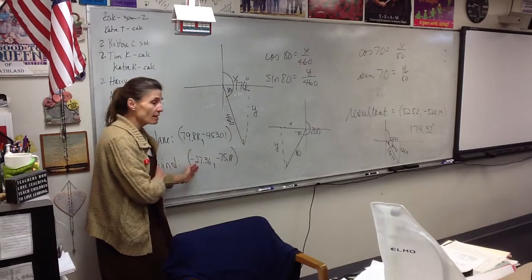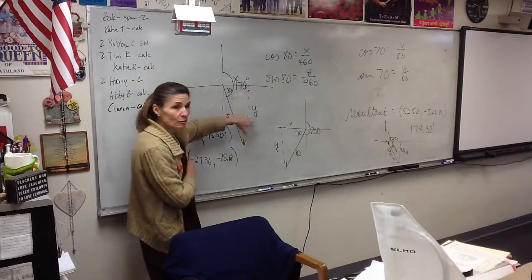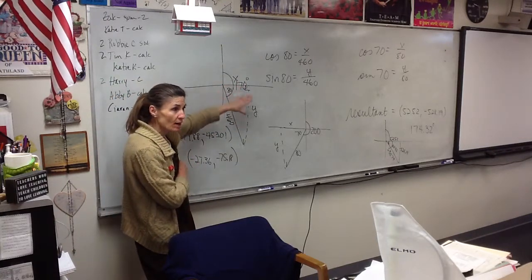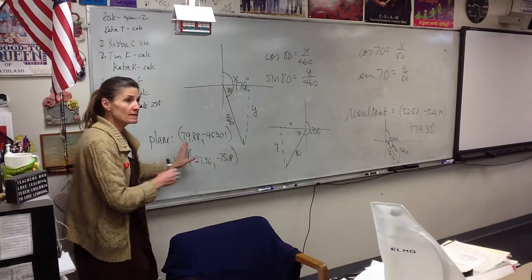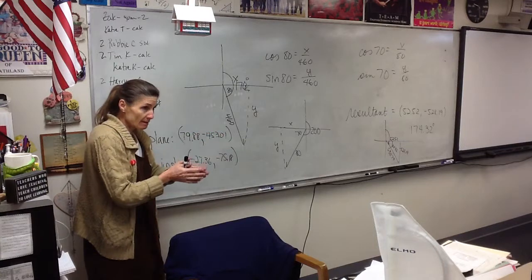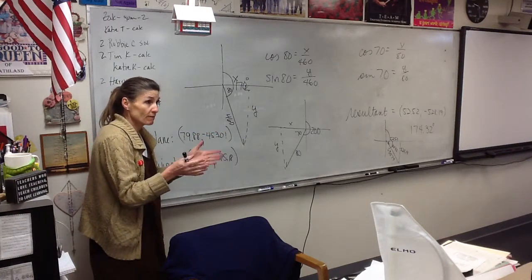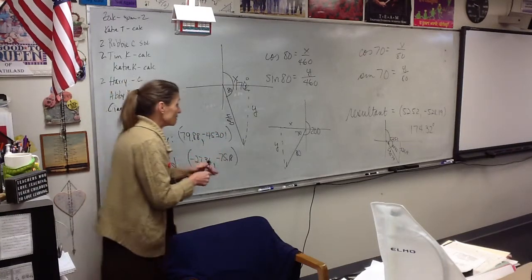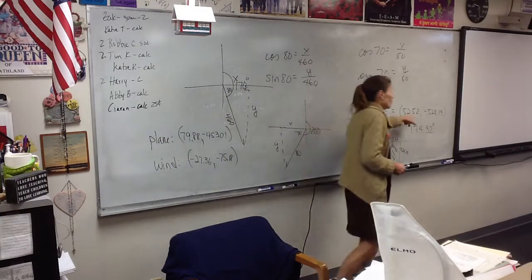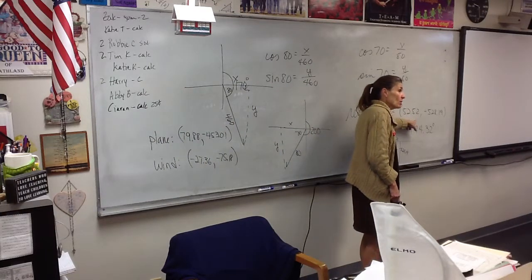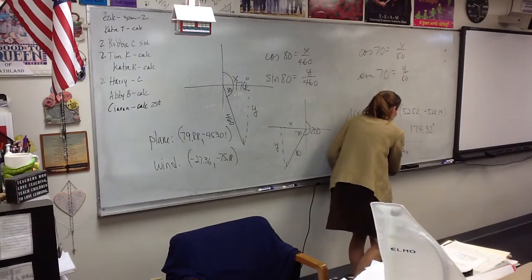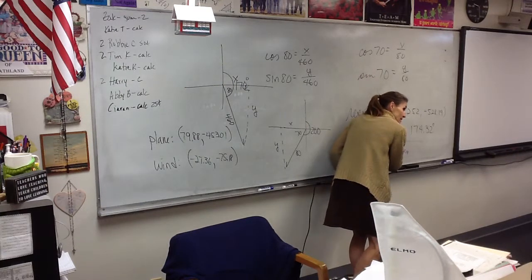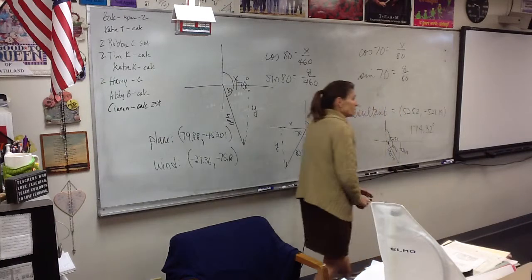And how do we do that? By drawing a picture and doing sines and cosines, right? Once you get the component forms, then you can add them together and find the resultant. And then, once you have the components of the resultant, you can draw a picture and work backwards and get the new magnitude, the new velocity, and the new direction.